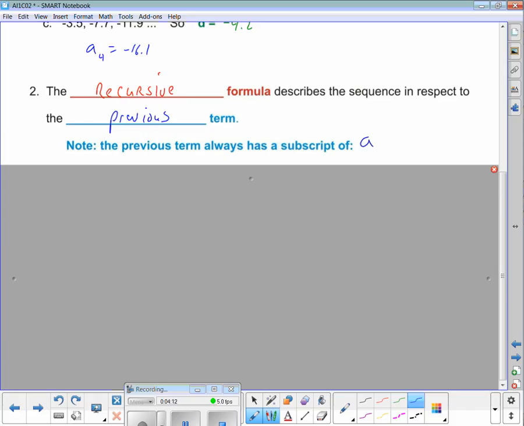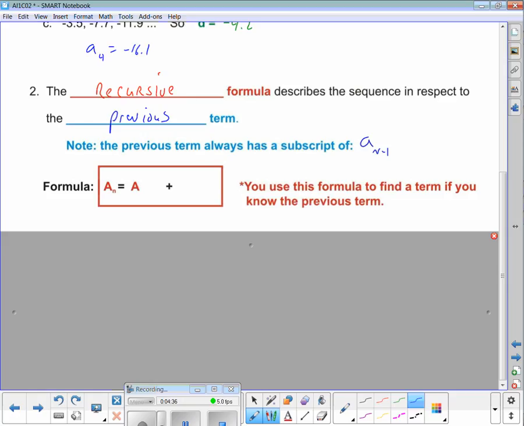Ileana? N minus 1 will always get you a previous term. For example, if we're talking about the sixth term, that would be A sub 6, right? N is 6. What would be the previous term? 6 minus 1, A sub 5, right? Gets you the previous one. So N minus 1 will always get you the previous term.